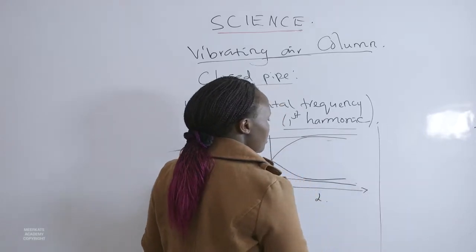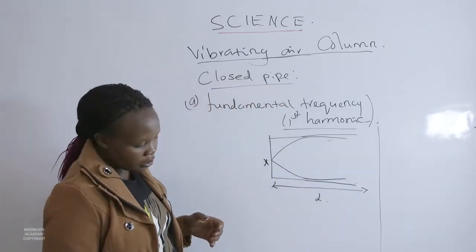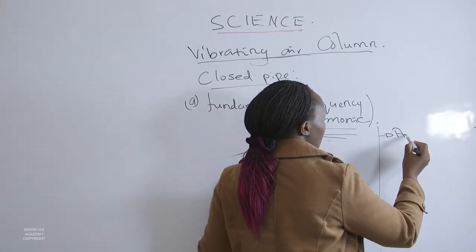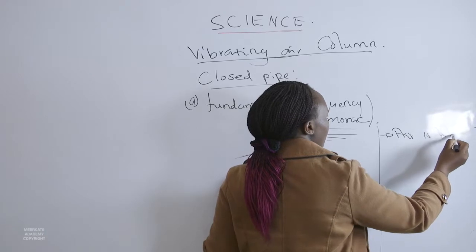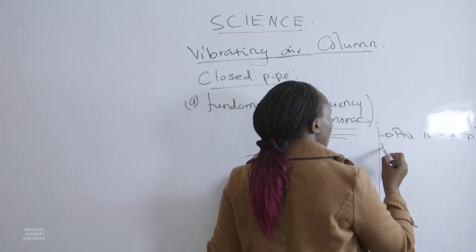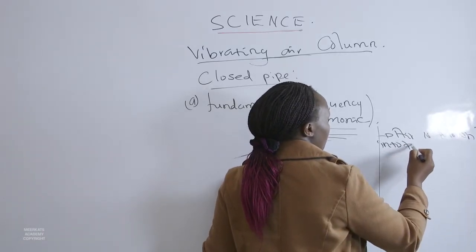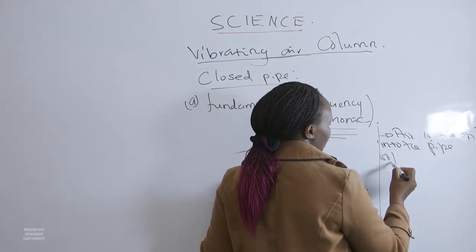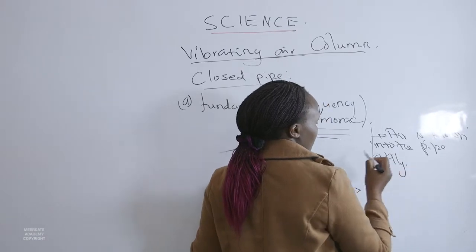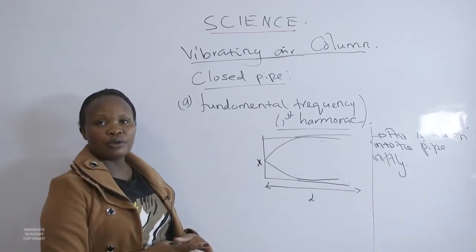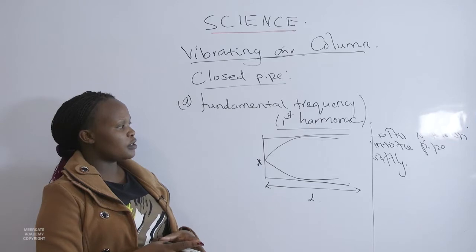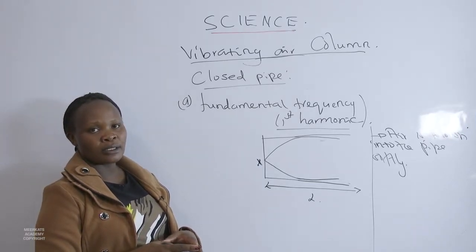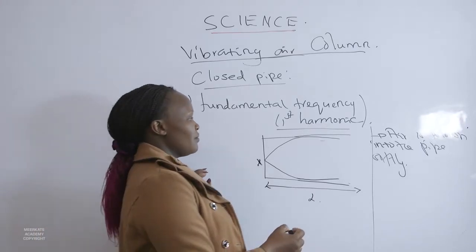Now, there are some points to note. Number one is that here air is blown into the pipe softly. Air is actually blown very softly so that we can form the simplest possible wave.